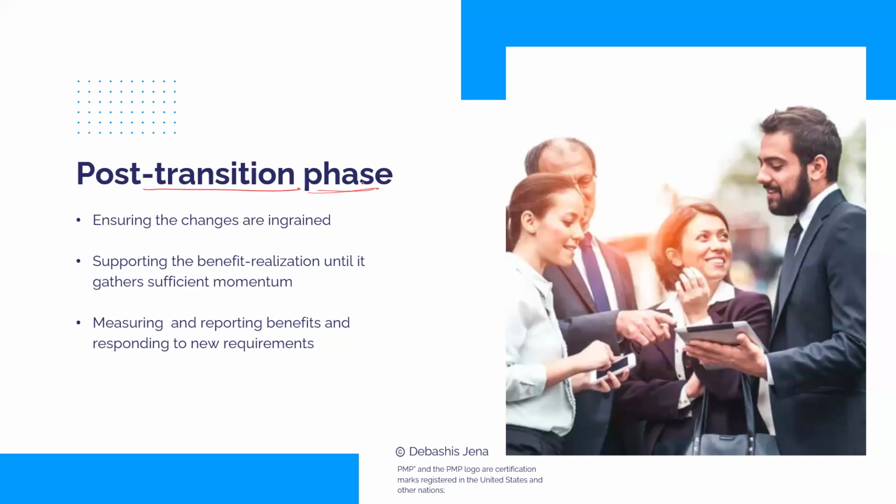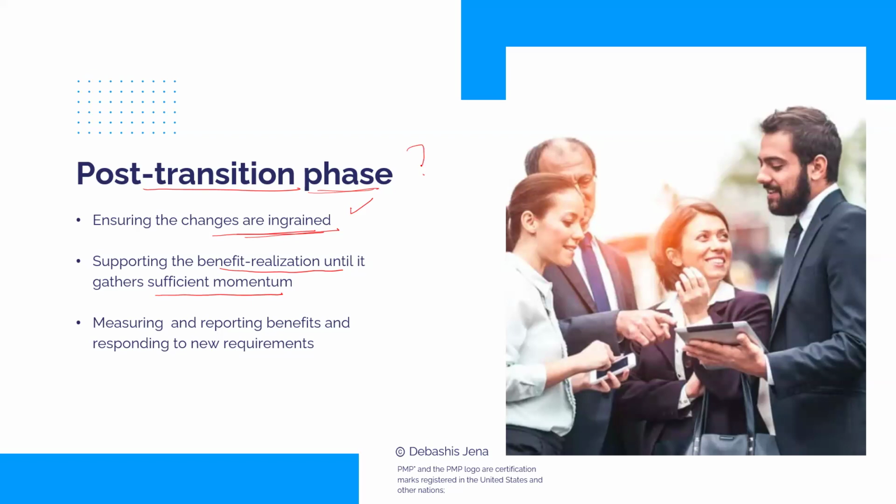What we do here is ensure that the changes are ingrained, meaning the change sticks and people never come back to old ways of working. Support benefit realization until it gathers sufficient momentum. After the transition has happened, a lot of benefits would start to accrue. Can we run this phase till all benefits are achieved? That may not be practically possible.